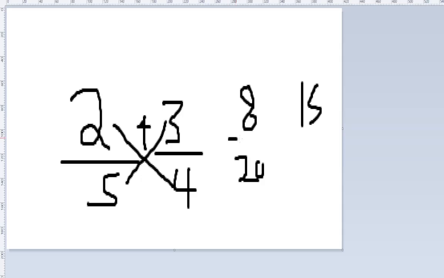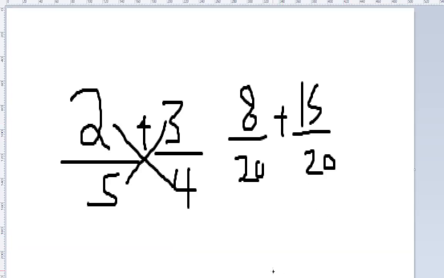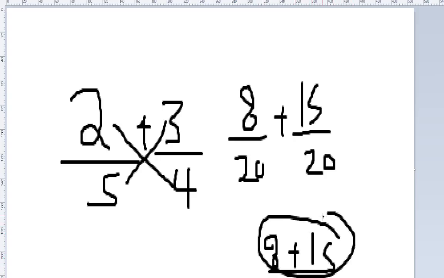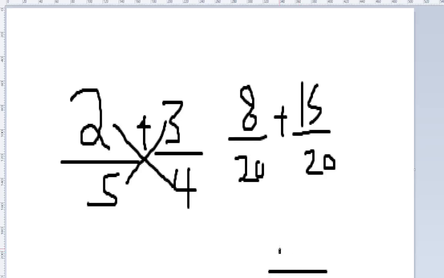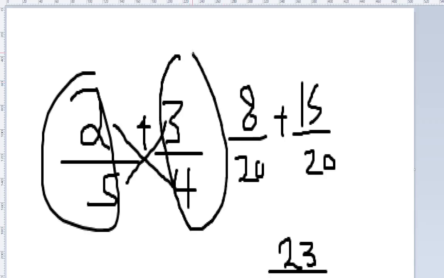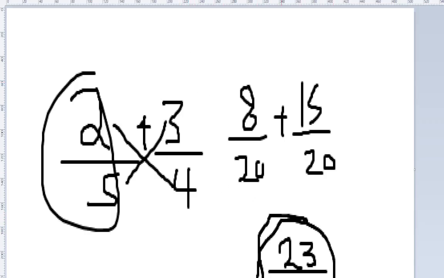Now, they are over the same denominator. When you're adding fractions, you just rewrite the fraction with the same denominator, and you add the top numbers. 8 plus 15 is 23. So that means 2 over 5 plus 3 over 4 is the fraction 23 over 20. And if I can simplify it, I will. In this case, I cannot simplify it.